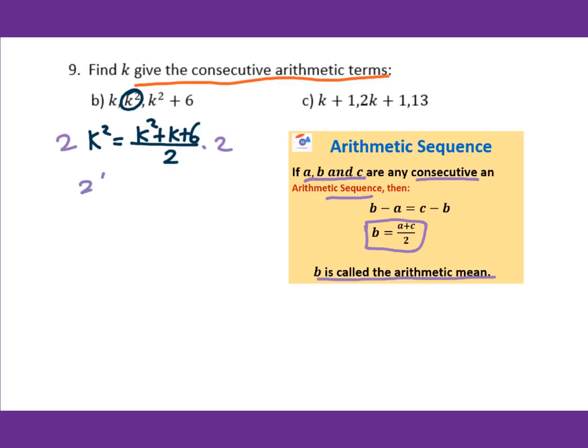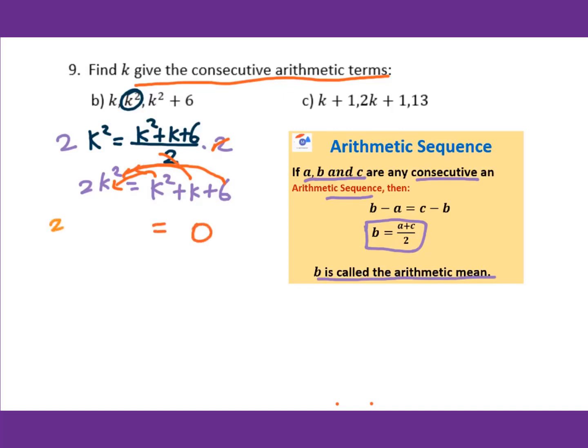You will get 2k squared equals k squared plus k plus 6. Then this will be a quadratic equation. Therefore, you need to move everything to the left side. We want to get equal to 0.